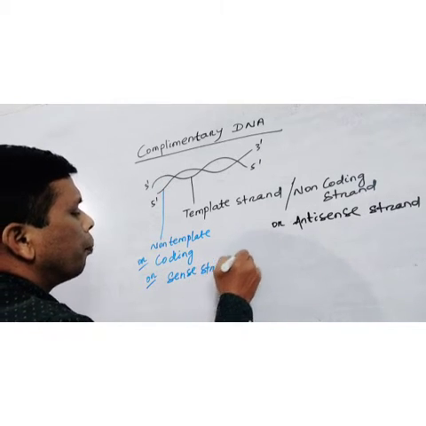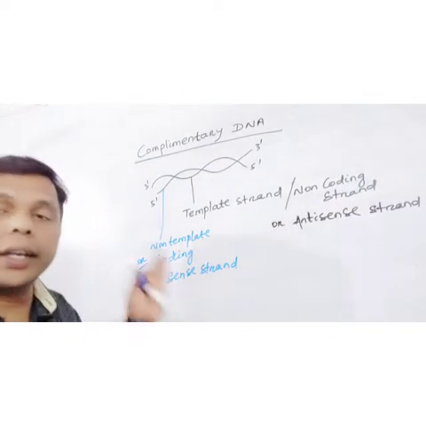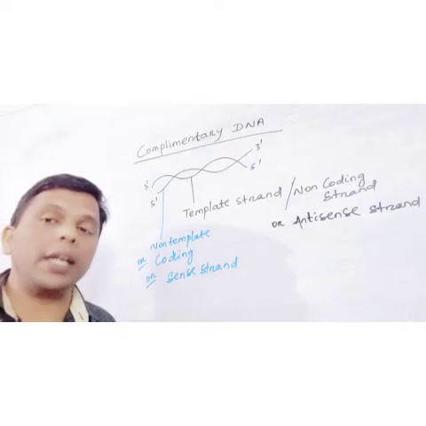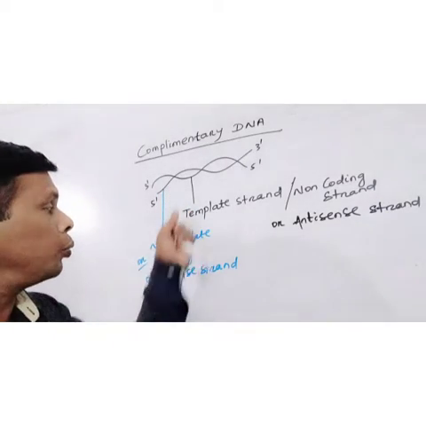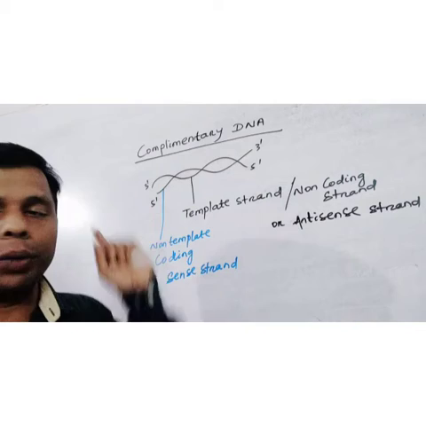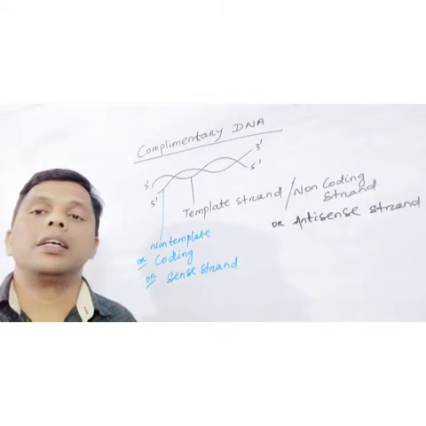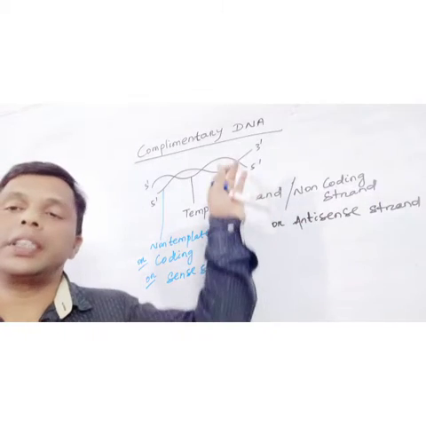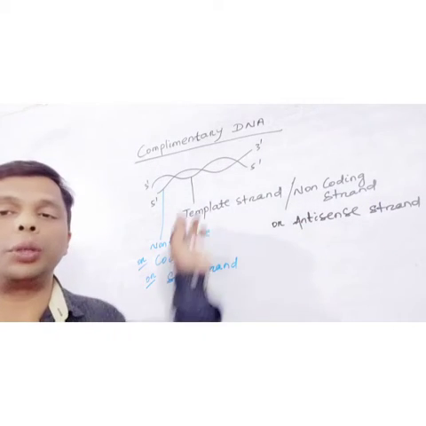Because the genetic information which is transcribed through mRNA is equal to this strand, which extends from 5' to 3'. These three represent the same strand and these three also represent the same.